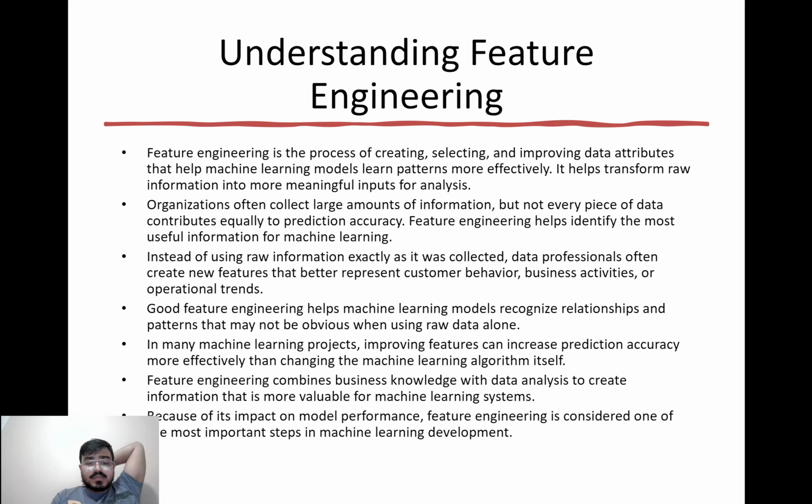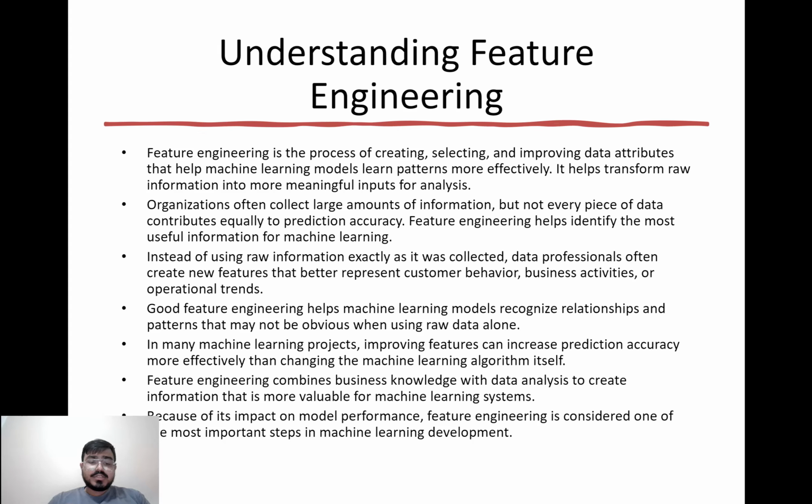Instead, data professionals often create new pieces of information called features that summarize important patterns. For example, instead of using every purchase separately, they may create a feature called average purchases per month. This new feature can provide a much clearer picture of customer behavior.